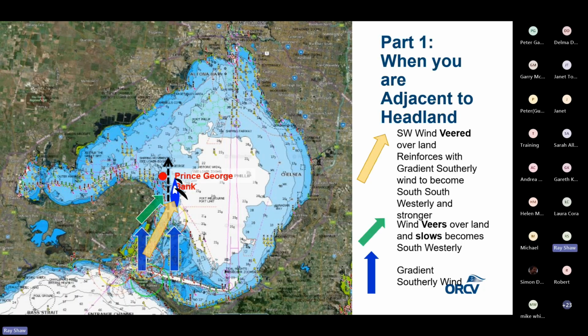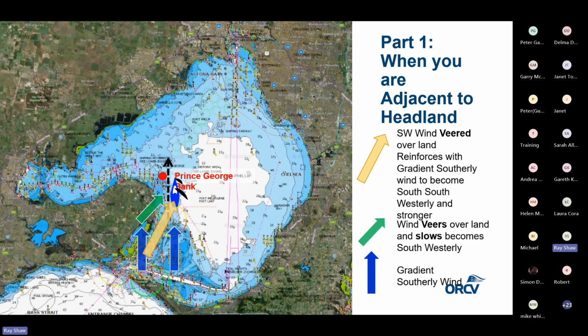So think about this. If you were coming up the bay here and we have a southerly wind, and you're heading up the bay off of Prince George, then what happens is the land breeze will be a little bit different, because it's slowed down.